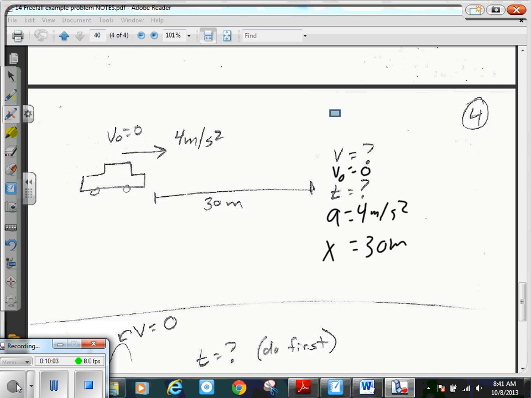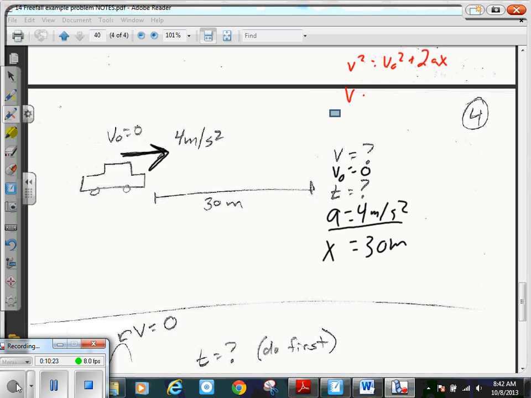Positive, right? Because I already said earlier that this direction is positive when I put in my checklist that way. Okay? So with this, you can just use v squared equals v sub naught squared plus 2ax. We're solving for v right now.